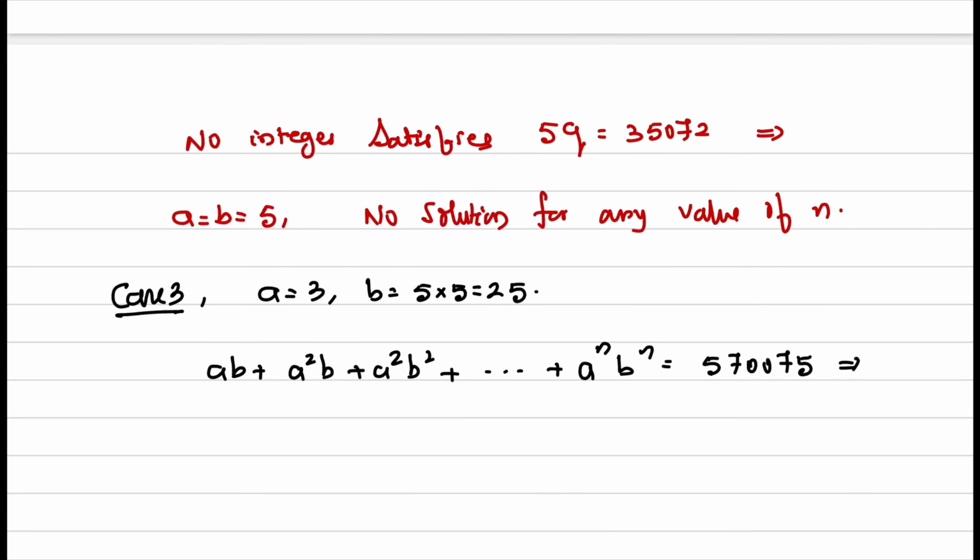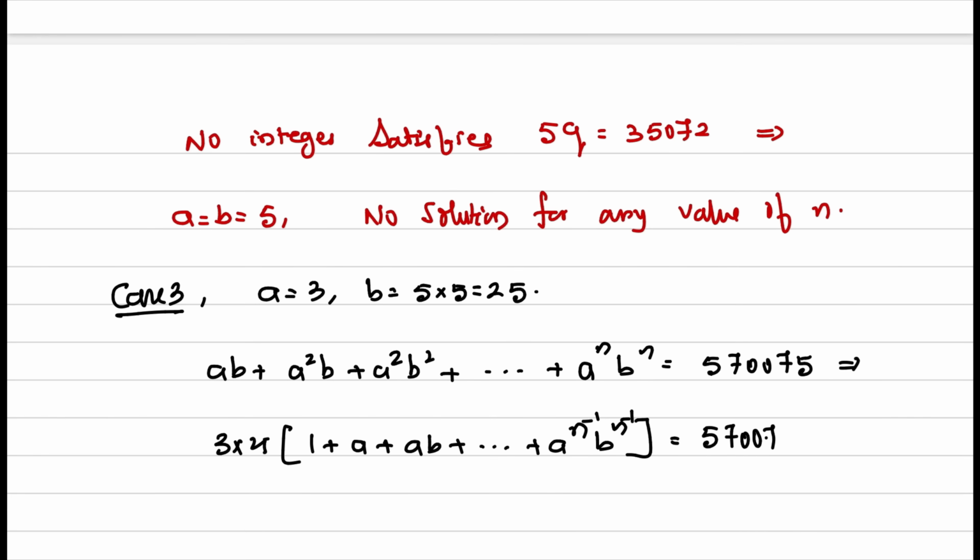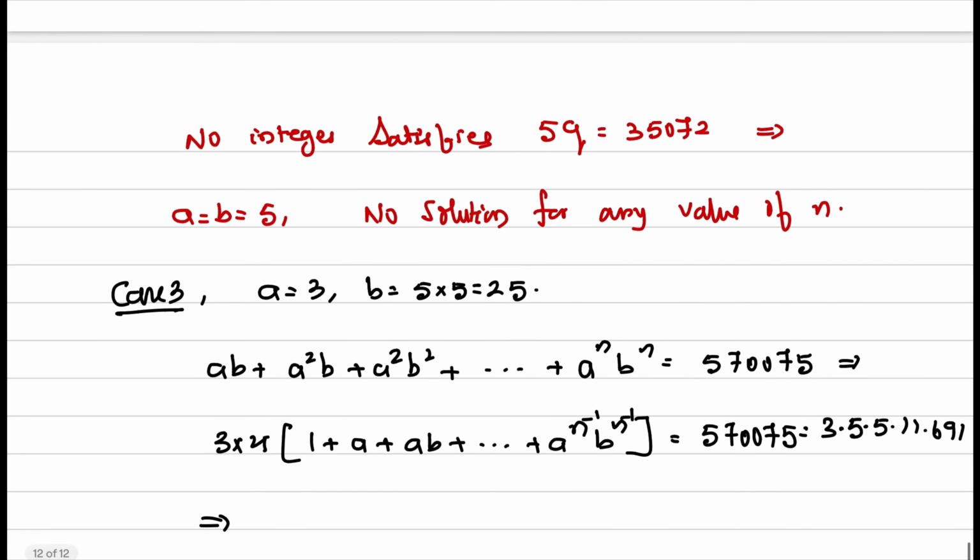That implies when AB is taken out, then 3 into 25 into 1 plus a, then when AB is taken out, AB plus up to a to the power of n minus 1 b to the power of n minus 1 is equal to 570075, that is equal to 3 into 5 into 5 into 11 into 691. That implies 3 into 25 on both sides is gone.